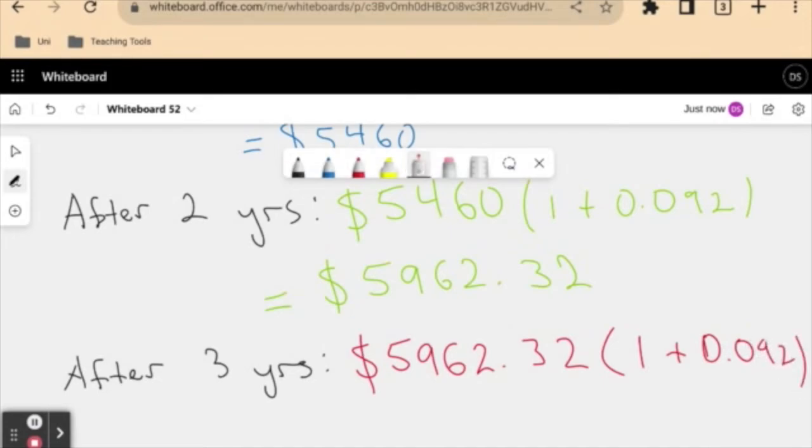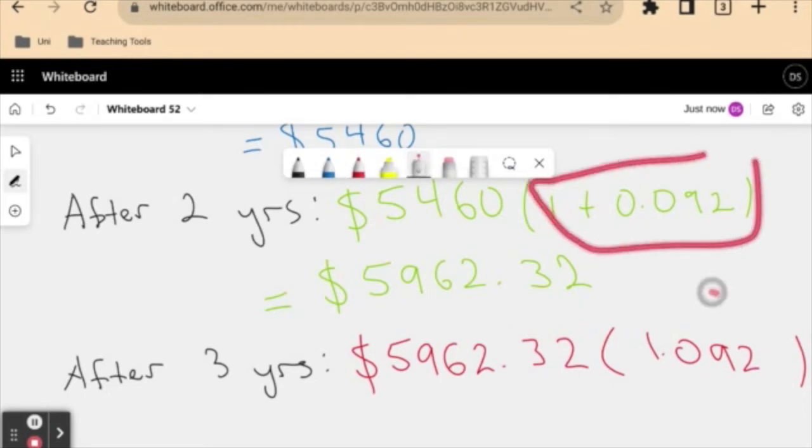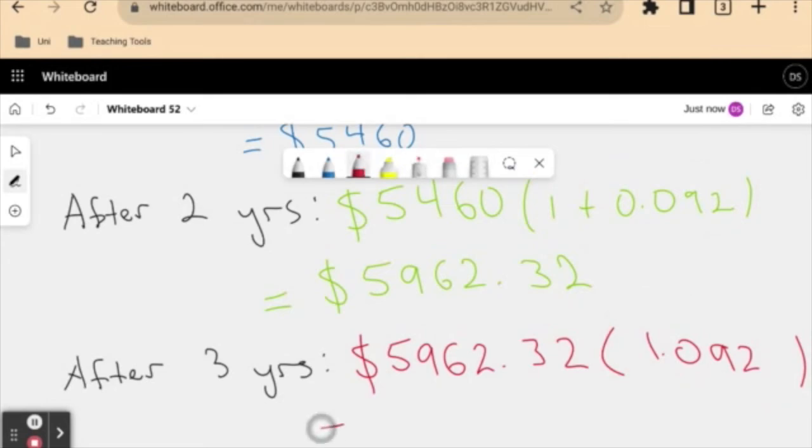And actually, sorry, let me rewrite this. I'll just skip that in between steps, because hopefully you've got the idea that these things are just going to sum to 1.092. And here we will get $6,510.85 roughly, rounded to 2 decimal places.